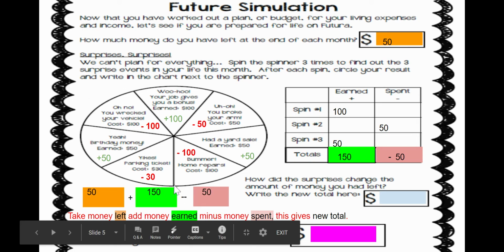Then I have to add in the $150 that I earned. And then I have to subtract, though, that $50 that I had to pay when my arm got broken. So first I would add these 2 numbers and then subtract. Or I'll notice, oh, I'm adding this, but I'm subtracting it. So these ones are going to kind of cancel out.